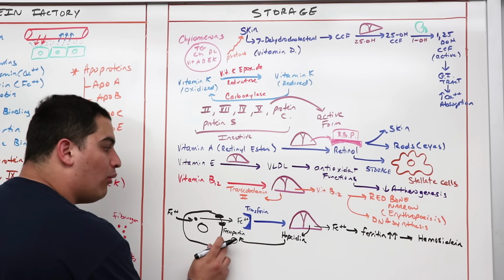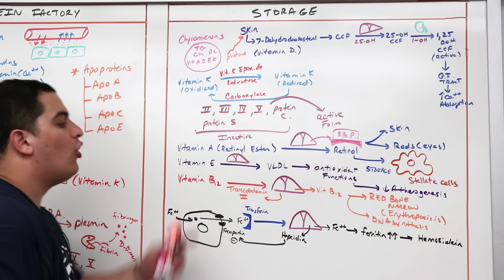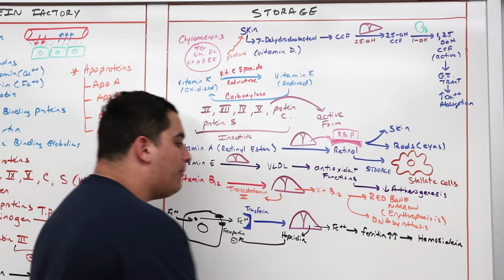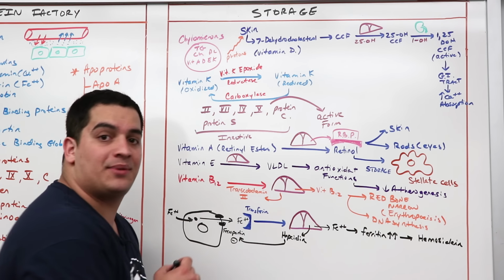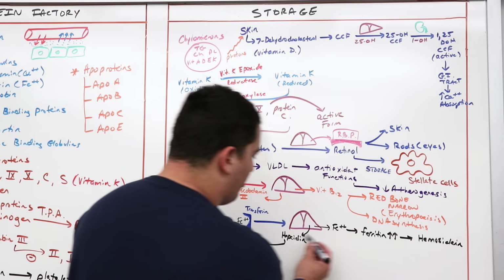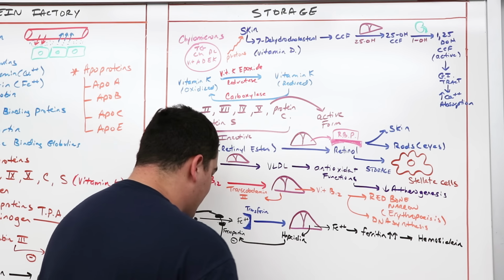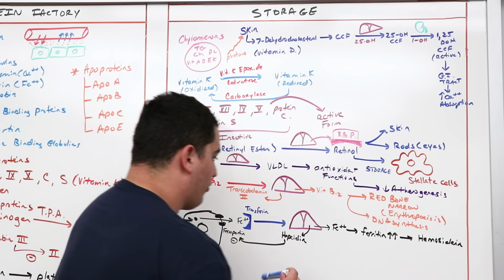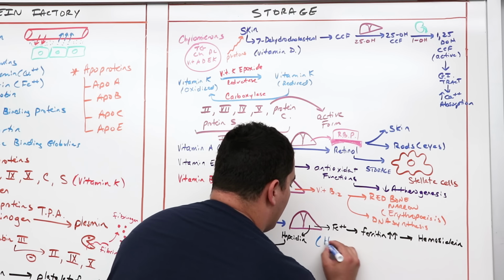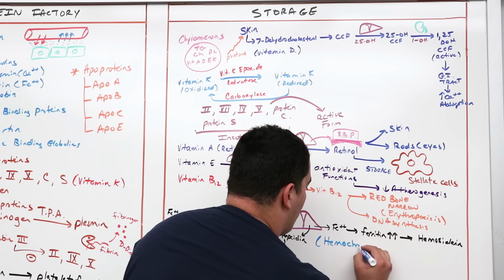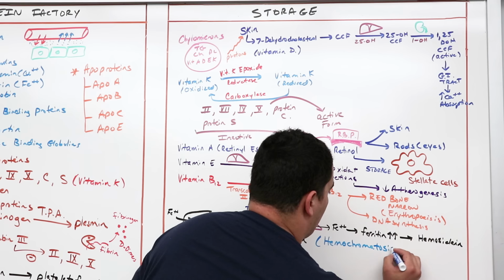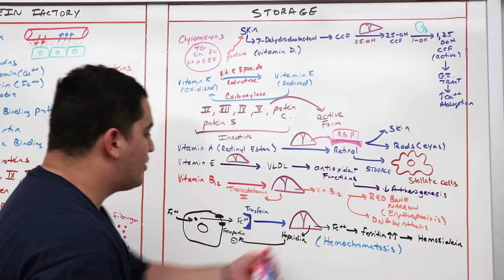Hepcidin will inhibit the ferroportin, which will inhibit the iron absorption. Why is this important? Because if some people are not able to release the hepcidin, if there's a deficiency or a mutation, it can produce a disease referred to as hemochromatosis.